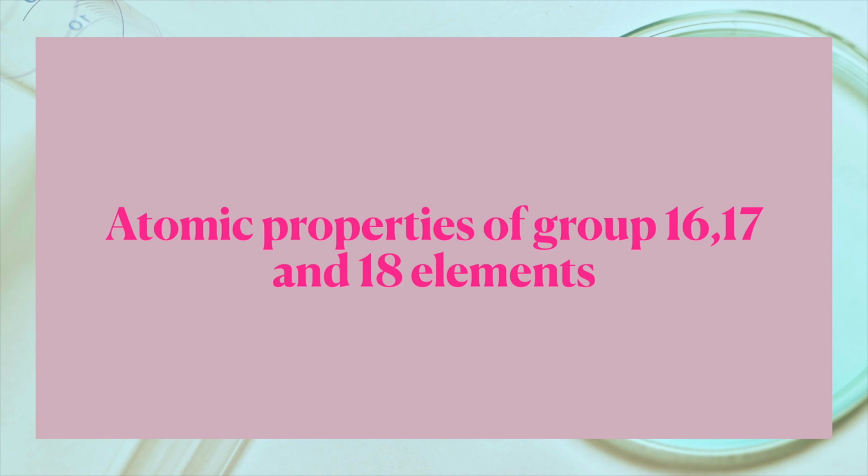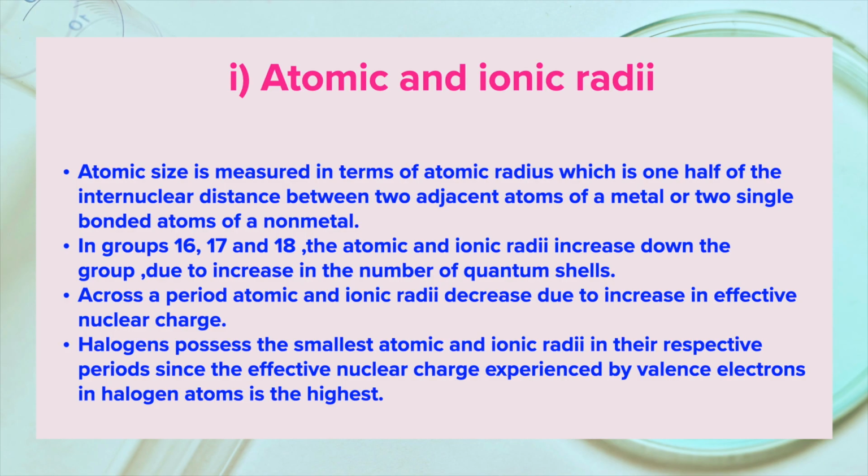The first property is atomic and ionic radii. What is atomic radius? The atomic size of an atom is measured in terms of atomic radius. Atomic radius is half of the internuclear distance between two adjacent atoms of a metal, or two single bonded atoms of a non-metal.